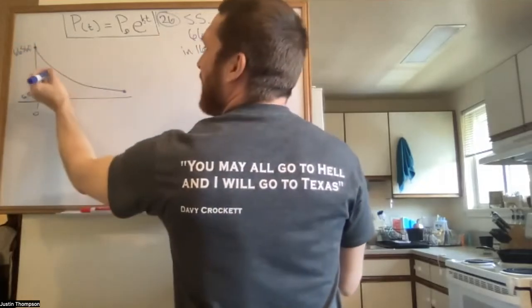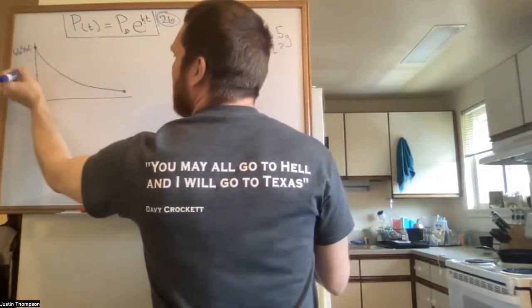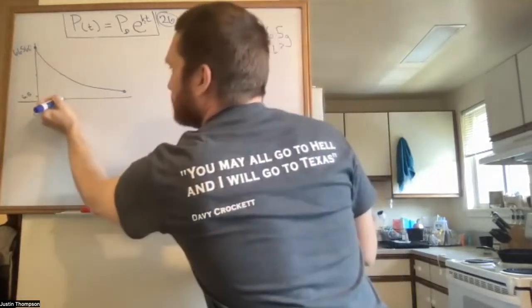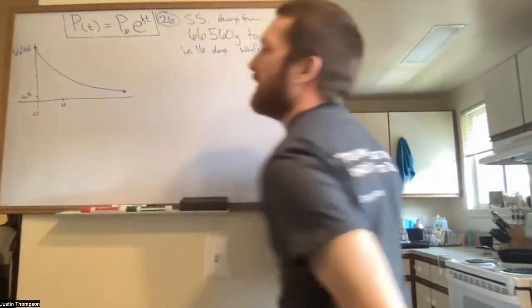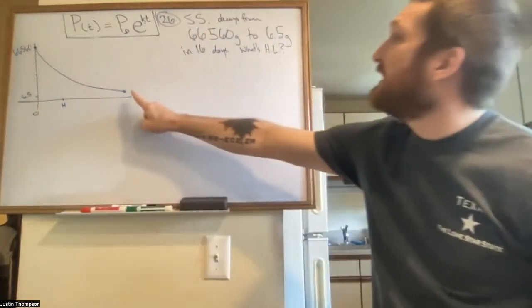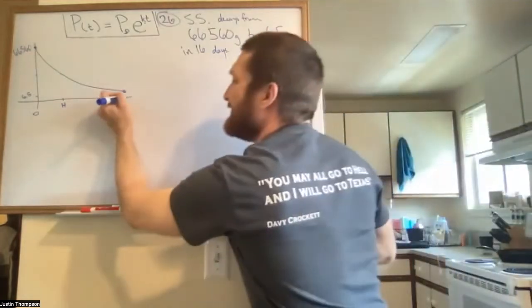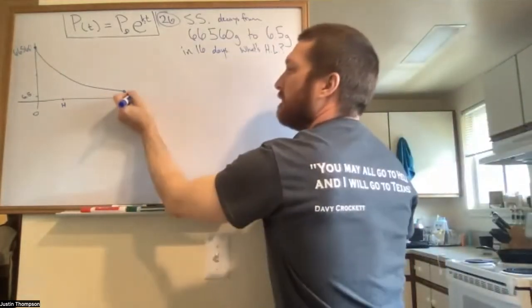And we want to know the half-life. That is the bit that we're trying to find out. Oh, and we also know that it takes a total of 16 days for that to happen.